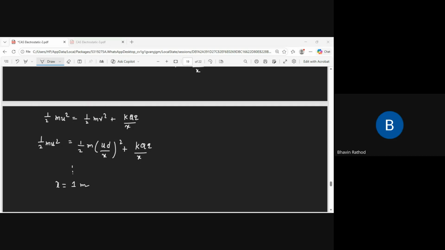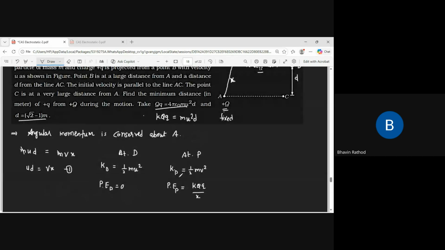See, the external force part is true, but that external force is going to act at point A, so that force will not produce any torque about point A.